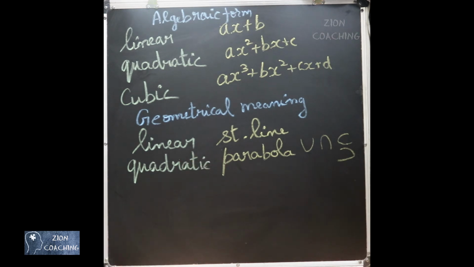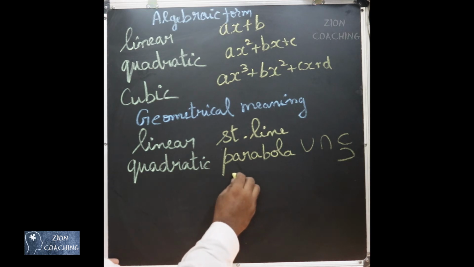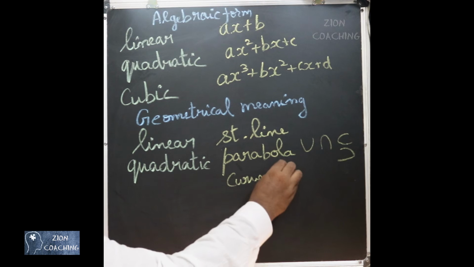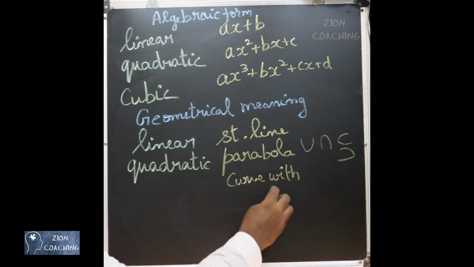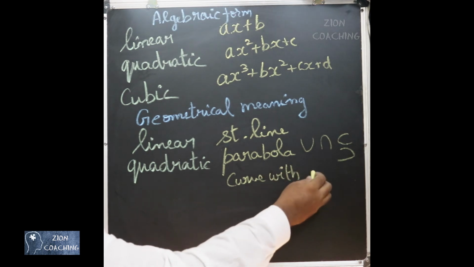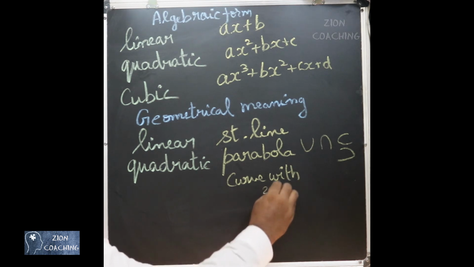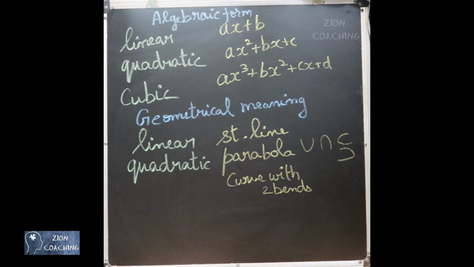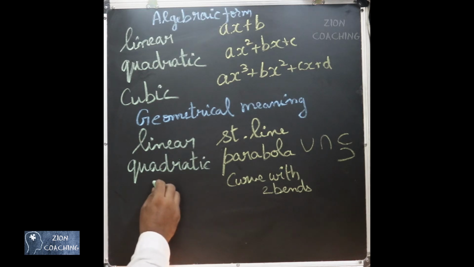Whenever you see a curve with two bends, or a lesser number of bends also, but it is not a parabola, if you see a curve-like structure, then it is going to be a higher degree polynomial, that is cubic and above.